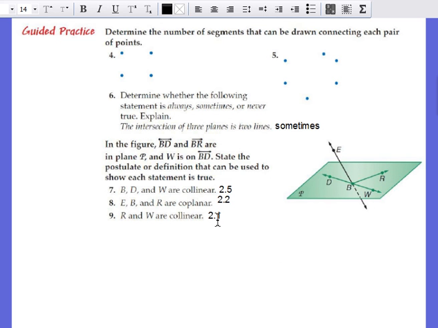So per postulate 2.1, through any 2 points is exactly one line. Correct. Just like if you wanted to say R and E, those can also be collinear. And also if you wanted to say E, R, W, those 3 points can also be coplanar, because through any 3 points not on the same line, there's exactly one plane based on postulate 2.2.